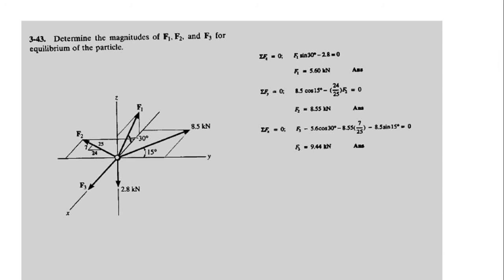What about the other one, F2, which was 8.55, 7 upon 25, but again negative, see the orientation, and then your 8.5 kilonewton, it will be 8.5 sine of 15, but with a minus sign because the component is lying on the opposite side of the positive x-axis. So simplify this trigonometric equation, and you will get your respective F3 comes out to be equal to 9.44 kilonewton.